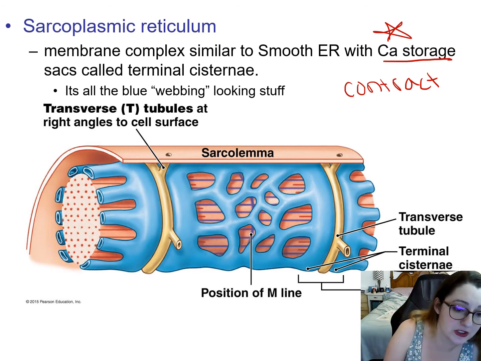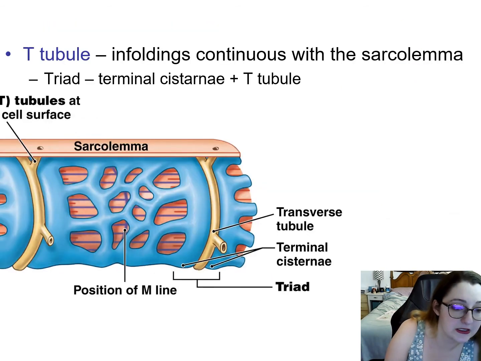So the terminal cisternae are going to be these kind of bulging sections here that surround this middle tube right here. So you have two terminal cisternae kind of bookending the transverse tubule. And specifically the transverse tubule, this little middle guy, is just a continuation of the sarcolemma.